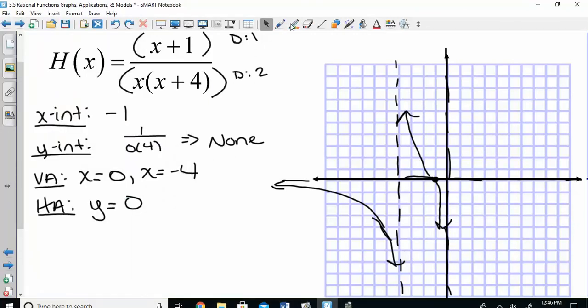It's just coming down there. And then the last part is, again, above the horizontal asymptote. I'm not making you get any other exact points. What I'm looking for is your intercepts, your asymptotes, and the shape of your graph.